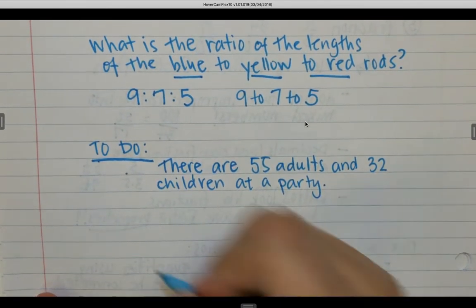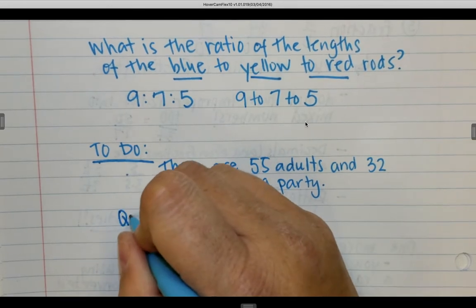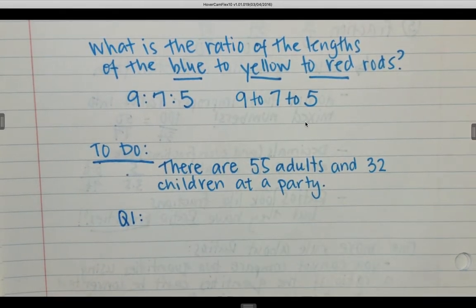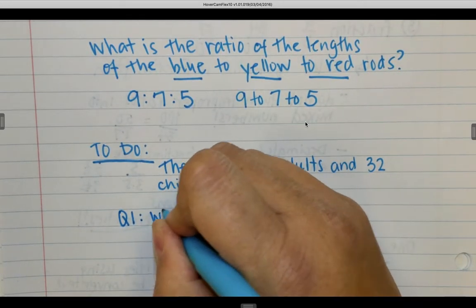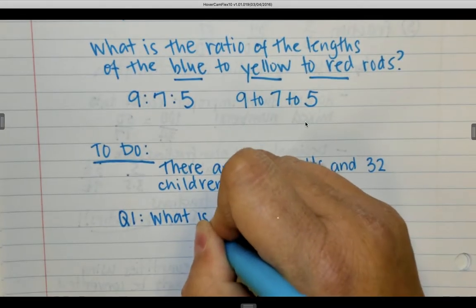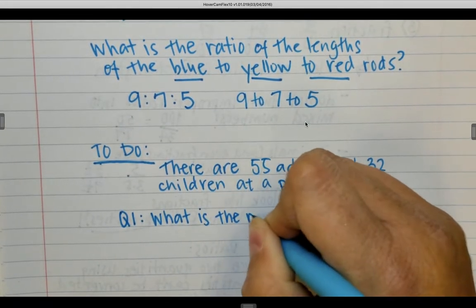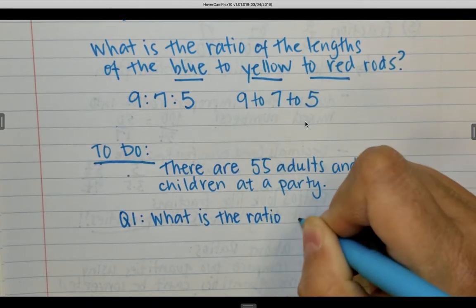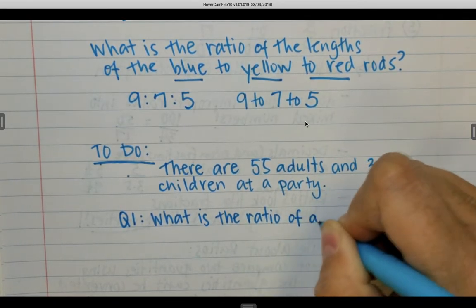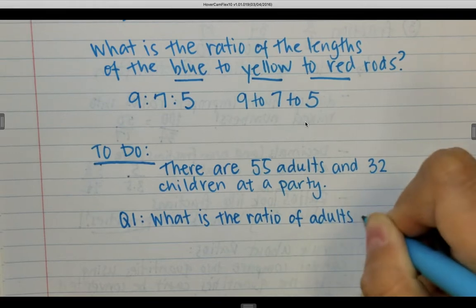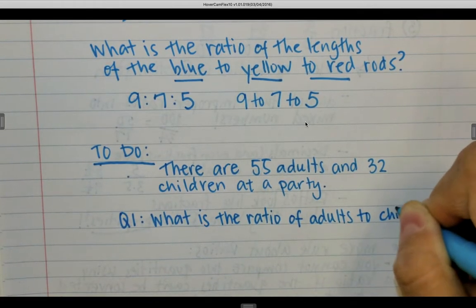Now you need to be able to answer the 2 questions. Question 1. What is the ratio of adults to children?